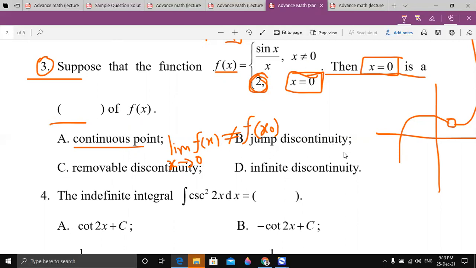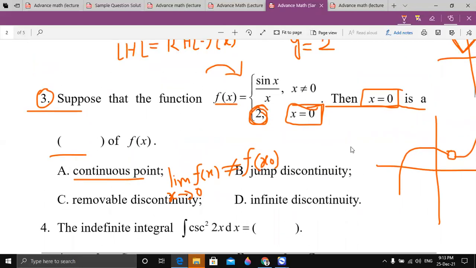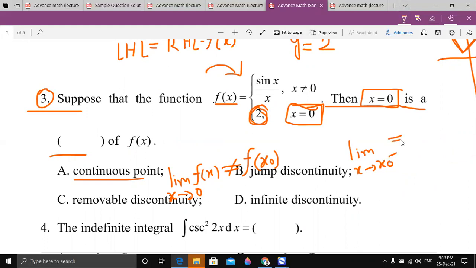And for jump discontinuity, our left hand limit, that means limit x tends to x naught minus, is not equal to limit x tends to x naught plus of f of x. So guys, can you understand now?